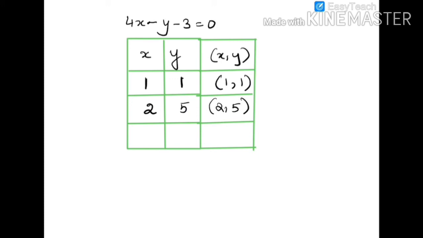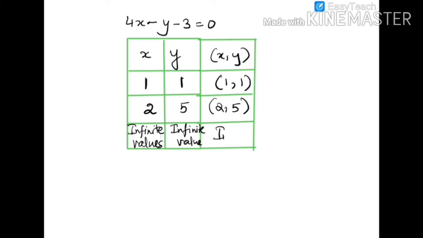Now how many values of x can we choose? We can write infinite values of x because x can be a real number. Since x can take infinite values, we will get infinite corresponding values of y.